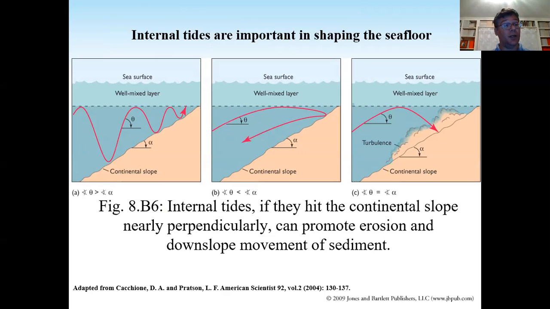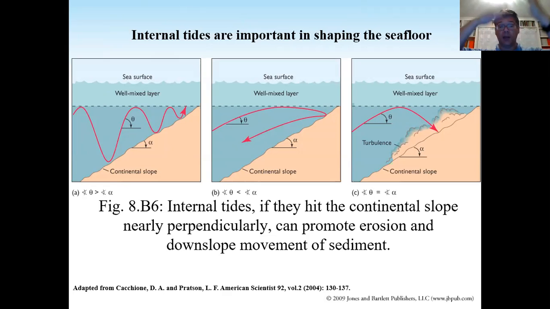Basically, the issue is, depending on the angle that a wave comes in, it may tend to bounce off more, as the two left-hand pictures illustrate. But if that wave angle is just right to come smack into the bottom of the ocean, it's going to stir up sand and mud a lot more.